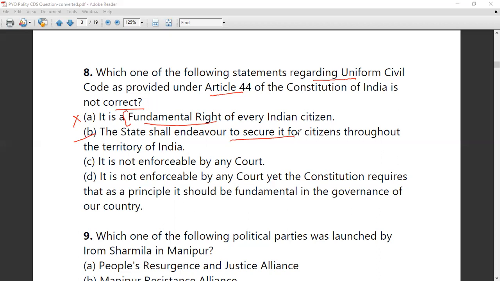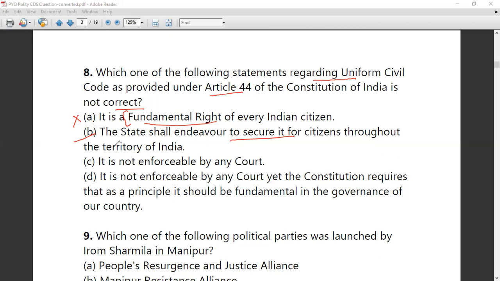Alcohol is banned in these two states. This is also directed in the DPSP under Article 47. So the government may bring such laws to ban alcoholic drinks. That way, the government is getting directions from DPSP to make laws.